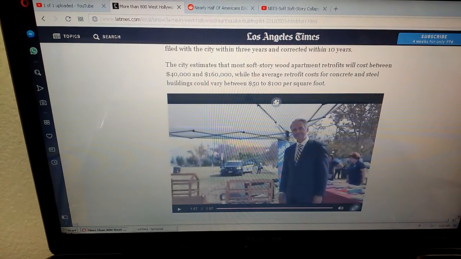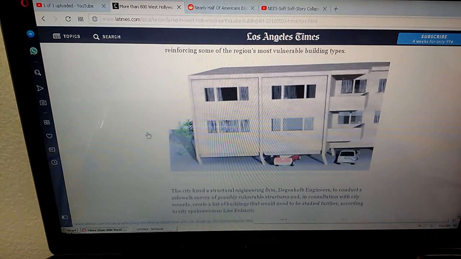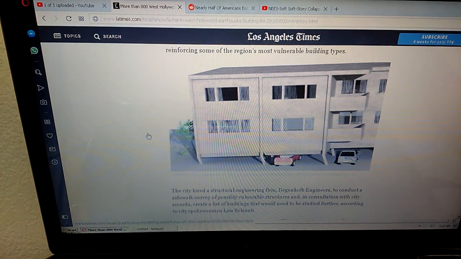Excellent explanation. And as he was saying, retrofitting it is not the biggest nightmare in the world. It's certainly better than if the building collapses, if your building ends up looking like this, you're essentially going to have to demolish the whole building.